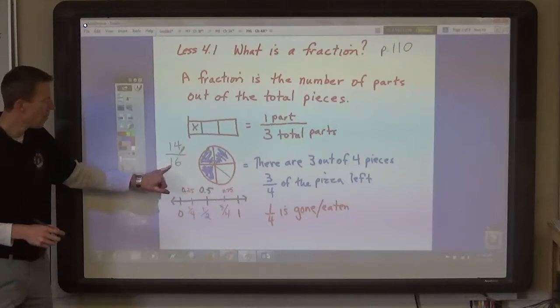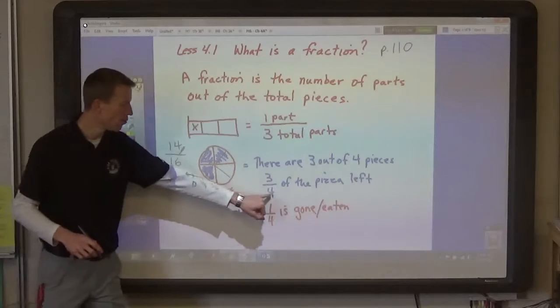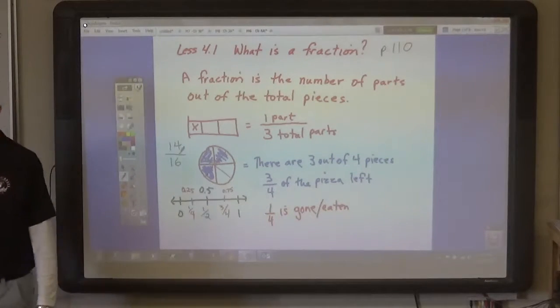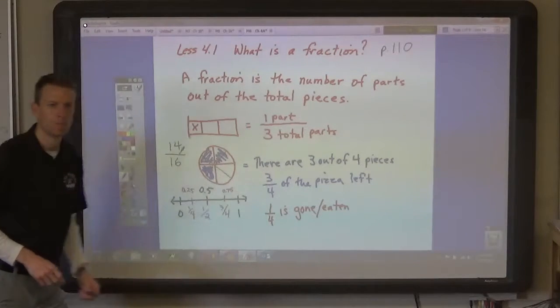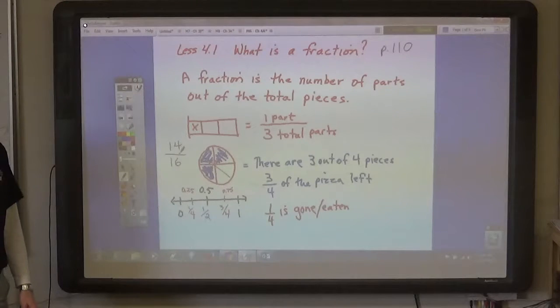But look at these 2 denominators. One of them is 16 and one of them is 4. Which one would have pieces that are bigger? Matt? The fourths, yeah. The fourths would be bigger.